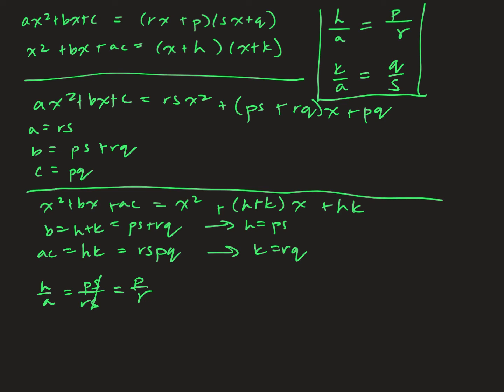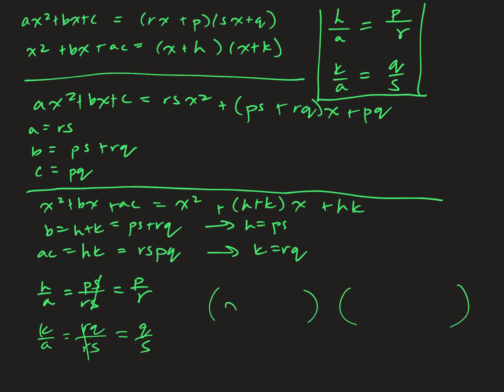Then I have K over A is equal to RQ divided by RS. Those R's can cancel out because, once again, they're not equal to 0, and so I have Q over S.